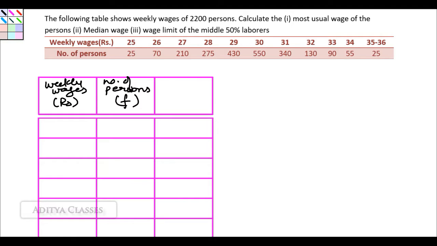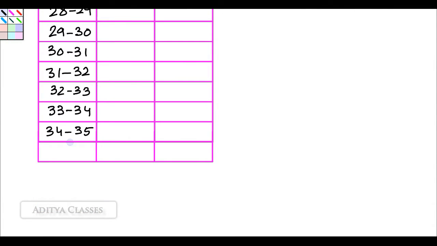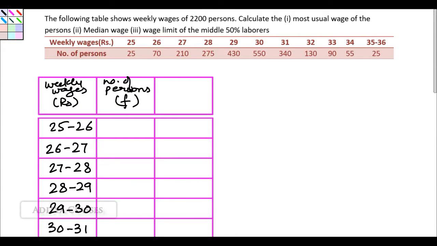So we'll start from 25 and let us fill in these values. So first class would be 25 to 26. Next would be 26 to 27 and so on. Here we have our classes.